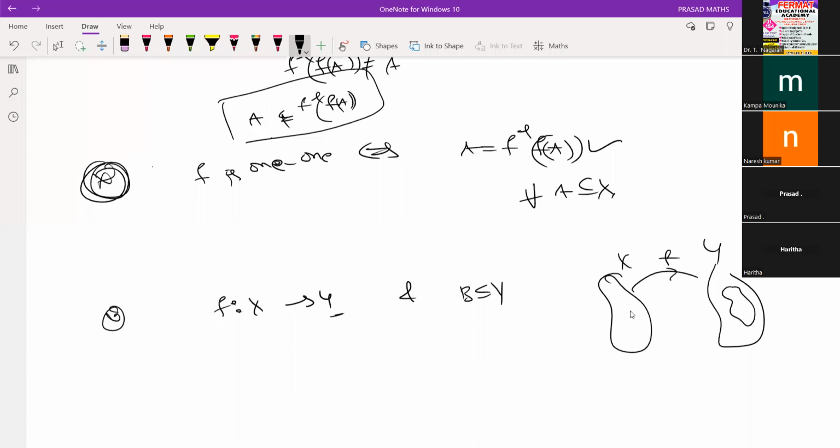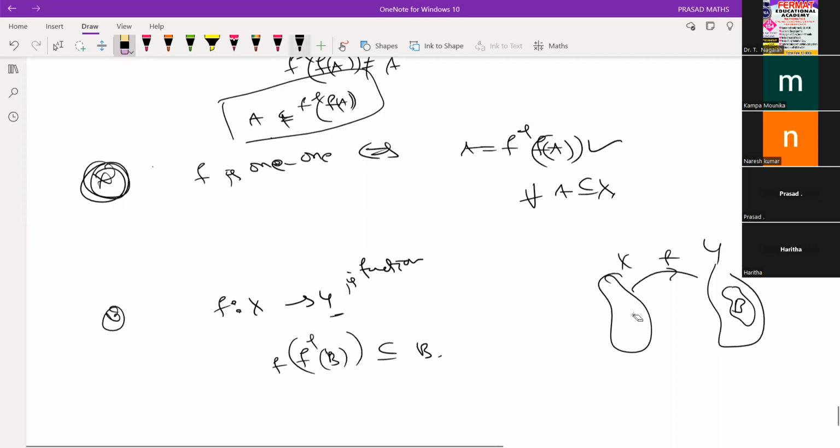You take any subset which is in y. So automatically image of inverse image of B is always subset of B. This is always true. You take any function. This is true for any subset of Y.